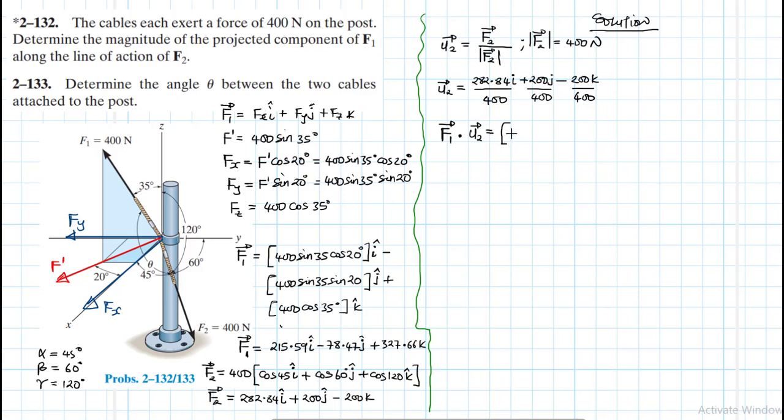We put the information in there. What is the force vector 1? It is 215.59i minus 78.47j plus 327.66k.